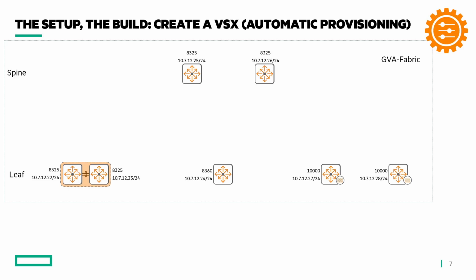Next is the creation of a VSX. So the two 8325s you can see here, I'm going to create a VSX pair, and it's really very easy to do this in Aruba Fabric Composer.